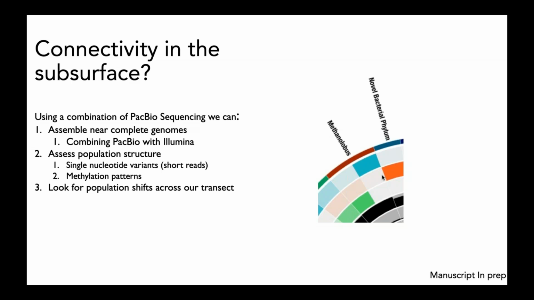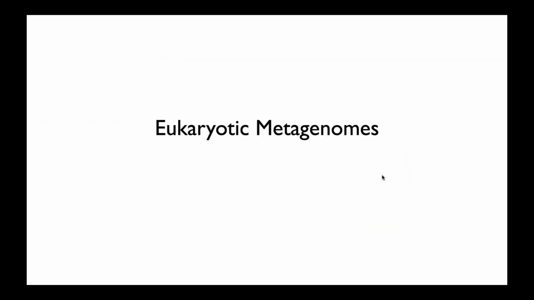So we're always asking ourselves, what are we missing with this fragmented genome? We're really hoping to take that PacBio assembly, those long contigs, and map out these genomes much better and see if we are missing some very important functional genes.